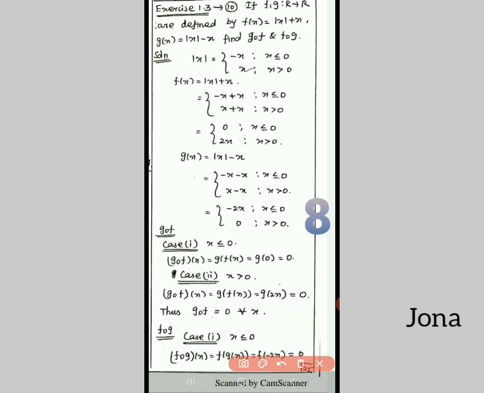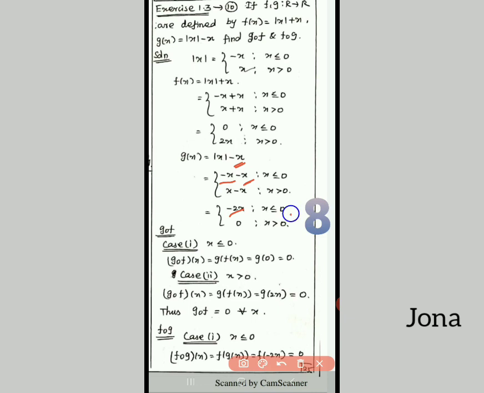Similarly, in g of x also we got that modulus of x. Instead of this modulus of x, I want to put minus x and plus x. So in this, instead of this modulus of x, I got minus x. So this minus x is already there, so the value is minus 2x.